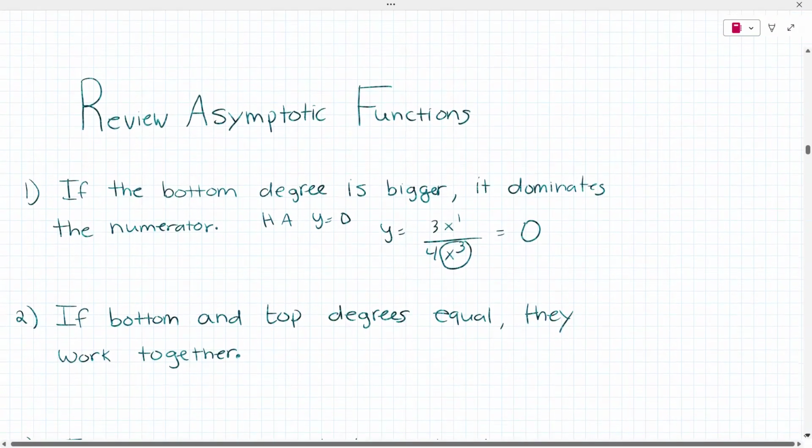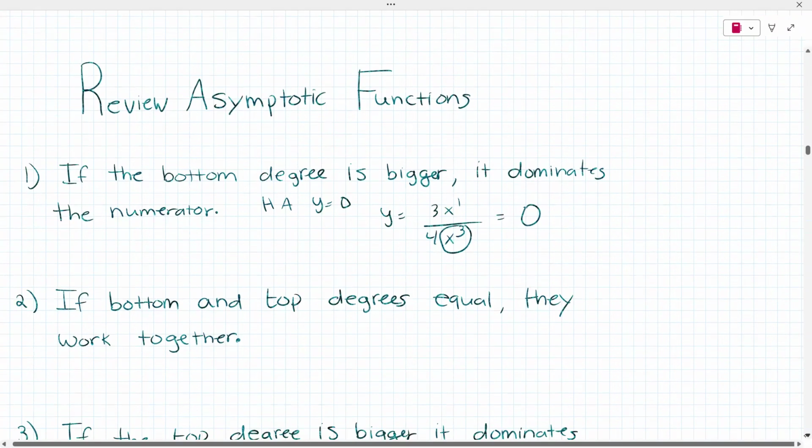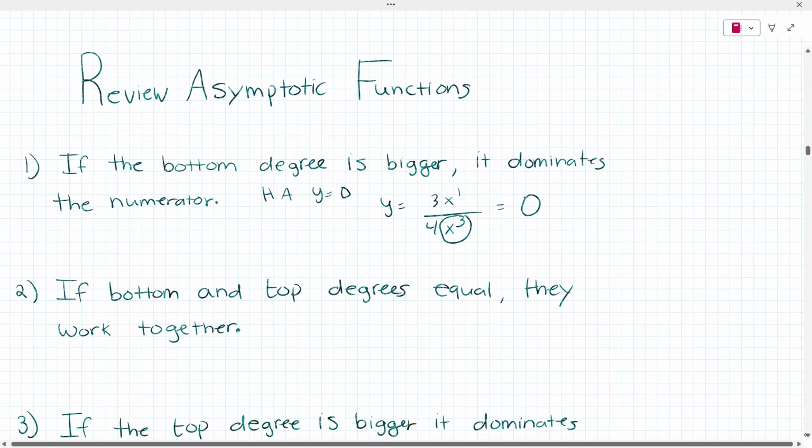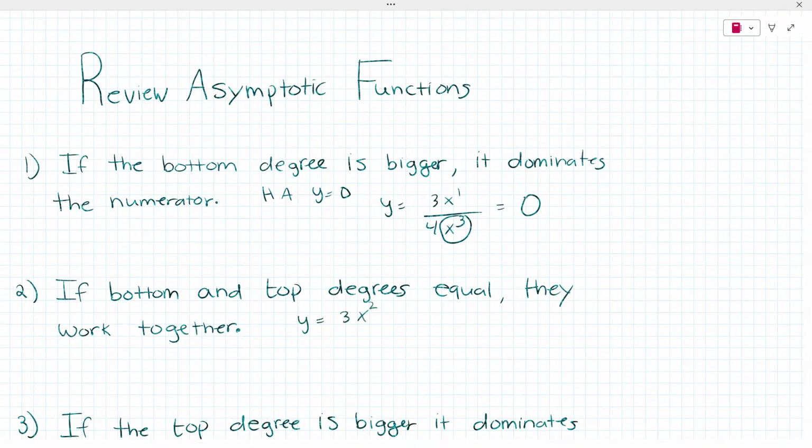Rule 2: if the bottom degree and the top degree are equal, they work together, meaning you use the coefficients. For example, if you had y equals 3x squared over 2x squared, see how the degrees are the same? You just use the coefficients, so the limit or horizontal asymptote will be 3/2.